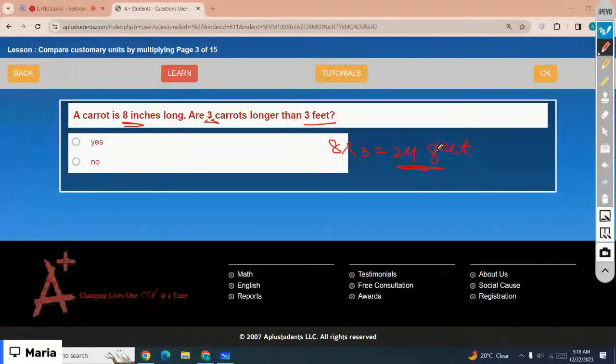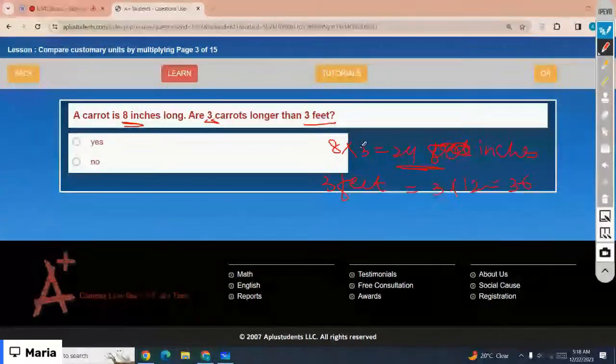No, 8 times 3 is 24 inches. That is inches because your given carrot is 8 inches long. You have to compare 3 feet. We know that 1 foot equals 12 inches. So 3 times 12 equals 36. So you have 36 inches. So which is more? Are 3 carrots longer than 3 feet? The correct option is no because 3 feet equals 36 inches, right?